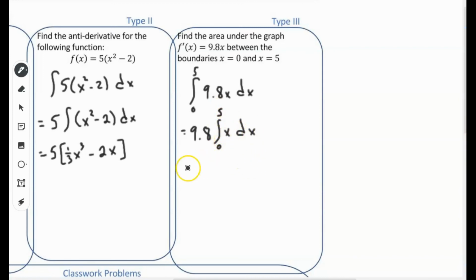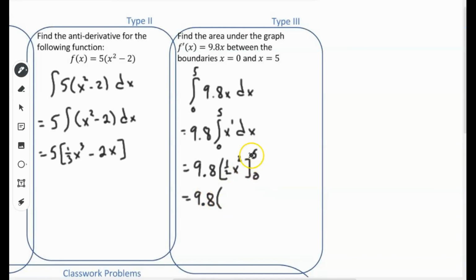Alright, so the integral of x is take the exponent, which is 1, add 1 to it, so we get 2, and then divide by that 2. Or we just multiply by half. Now we're going to apply that between 0 and 5. So we still have this 9.8 out front, so it's going to stay there until the end.